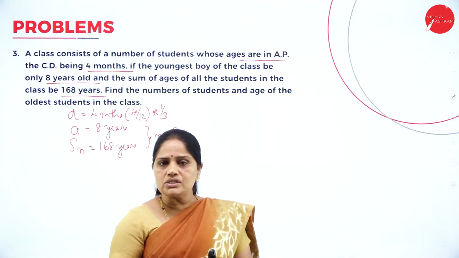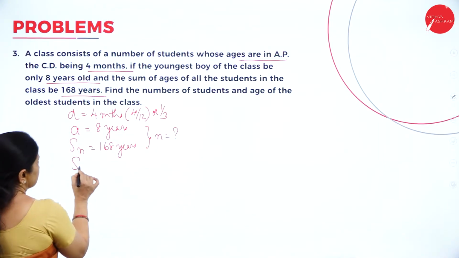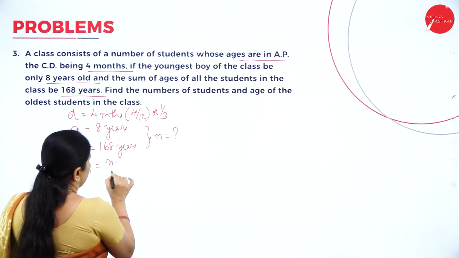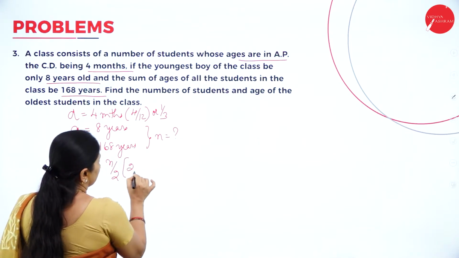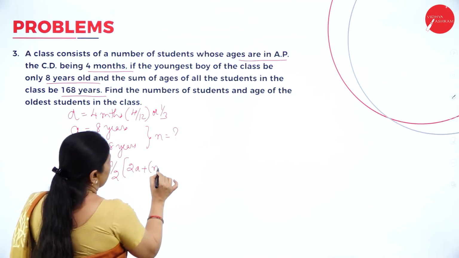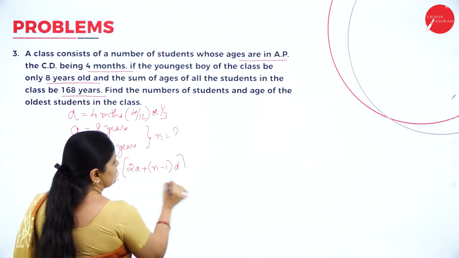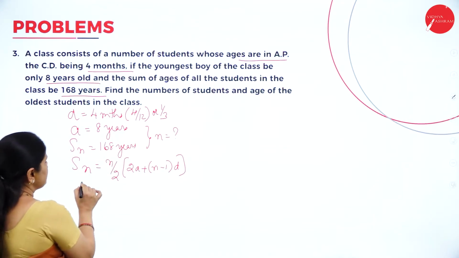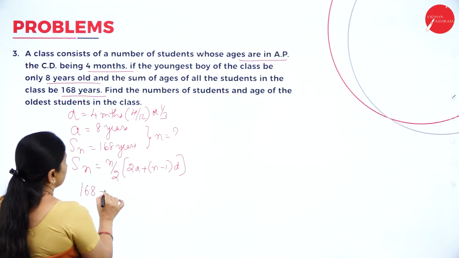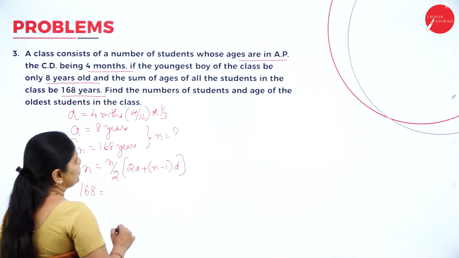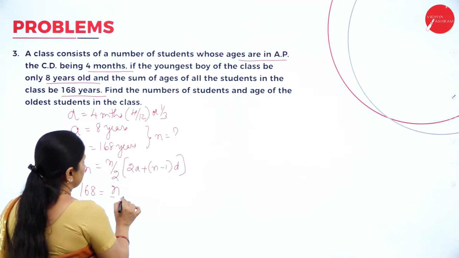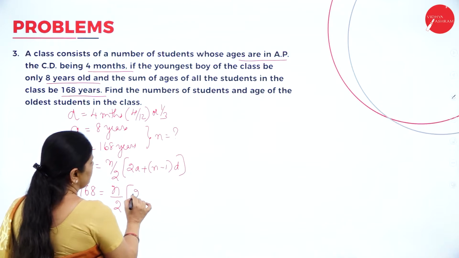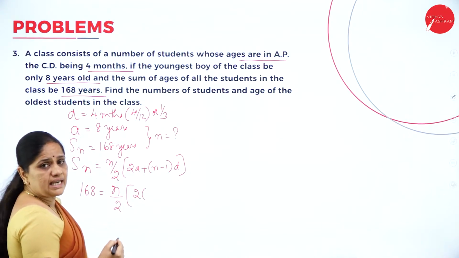So we will make use of this formula and then find out what is n here. So I make use of the formula Sn equals n by 2 into 2a plus n minus 1 into d. Okay, so Sn I know, Sn is 168 equals n by 2, n I don't know. So n by 2 into 2 into, what is a here?